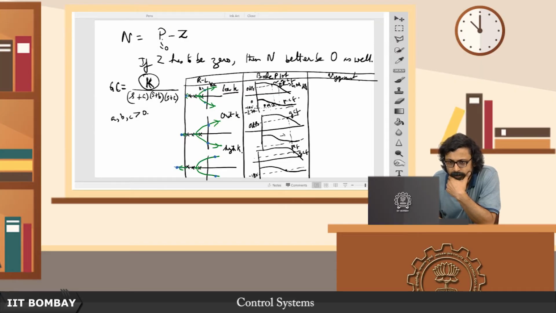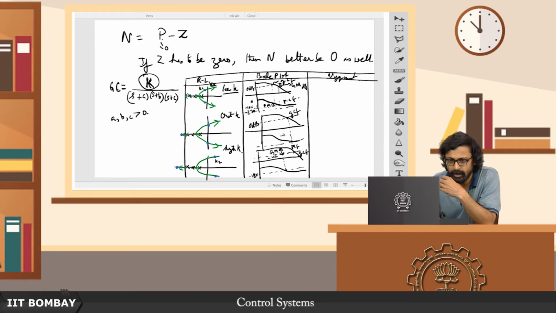So you better reduce the gain, is what this is telling me. So the gain margin is negative, so you have to reduce the gain now. If you are already at k2, then by what factor do you have to reduce the gain k2 to come back to the left half plane? That is what this negative value of the gain margin is telling me. So this is negative gain margin.